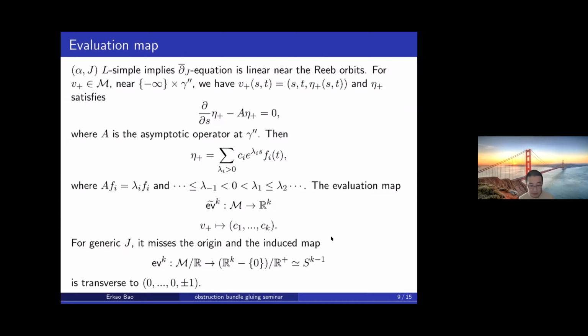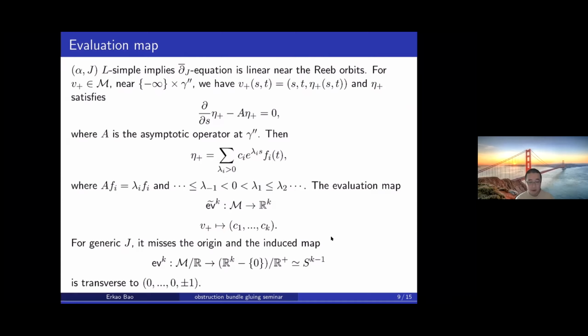It's actually not hard to figure out the R plus action if you translate the curve eta plus. So you translate in the s direction, so you just change s to s plus s0, and then you get an extra factor by multiplying e to the lambda s0. So the R plus action on this is just you multiply by e to the lambda 1 and e to the lambda 2.